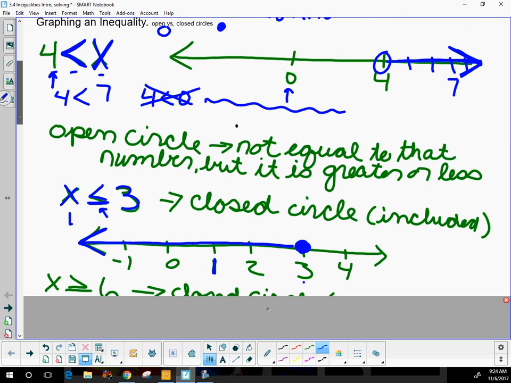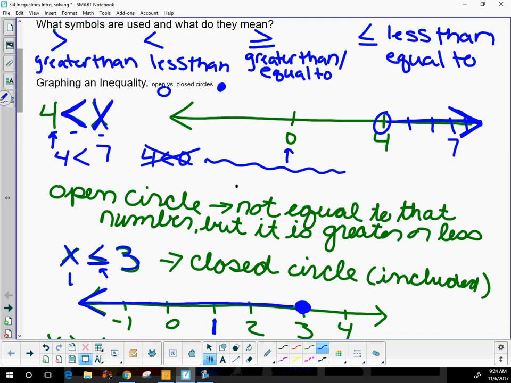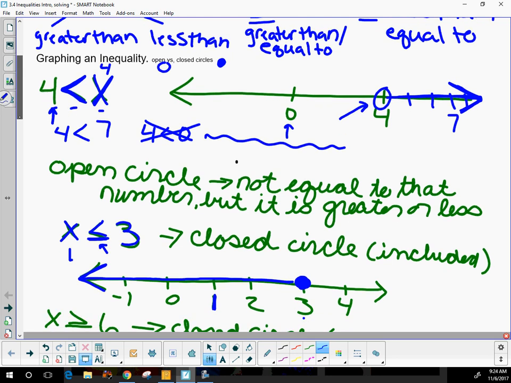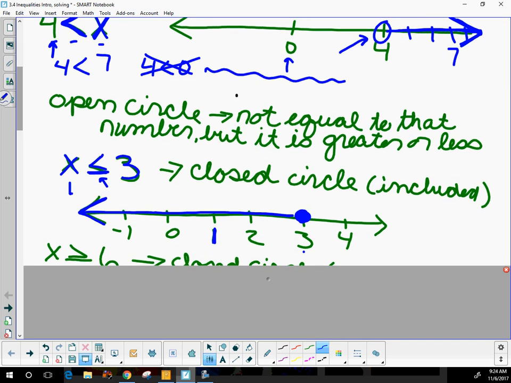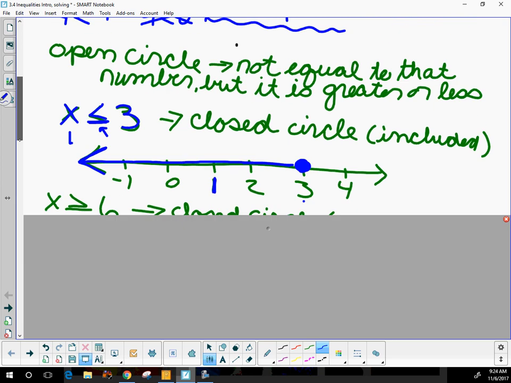And when we go back up here and look, I can't plug in the number 4 here because 4 is not less than 4. See what I'm saying? It's the same, which is why we have this open circle here, because the 4 is not included. Think of your circle of friends and 4 just isn't in there. So maybe the circle of friends is a better idea than a hug because you can't see me right now, hugging nothing.